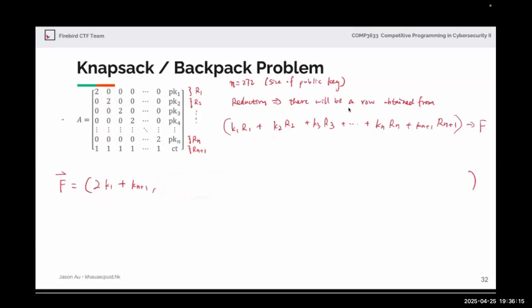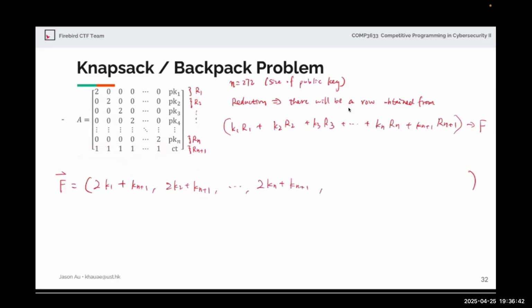So we have 2 times K2 plus Kn plus 1, because all these are 1. Okay, and then it's just similar: 2 times K3 plus Kn plus 1, and dot dot dot, and to the nth one would be 2 times Kn plus Kn plus 1.